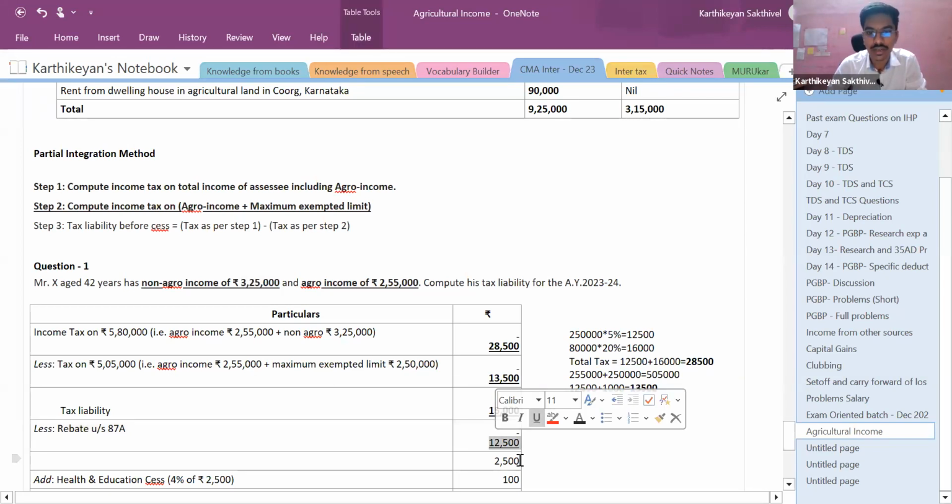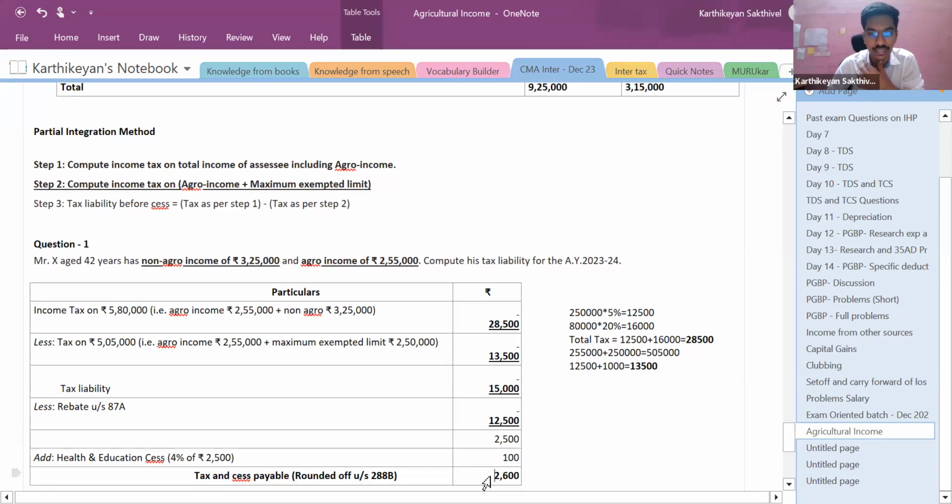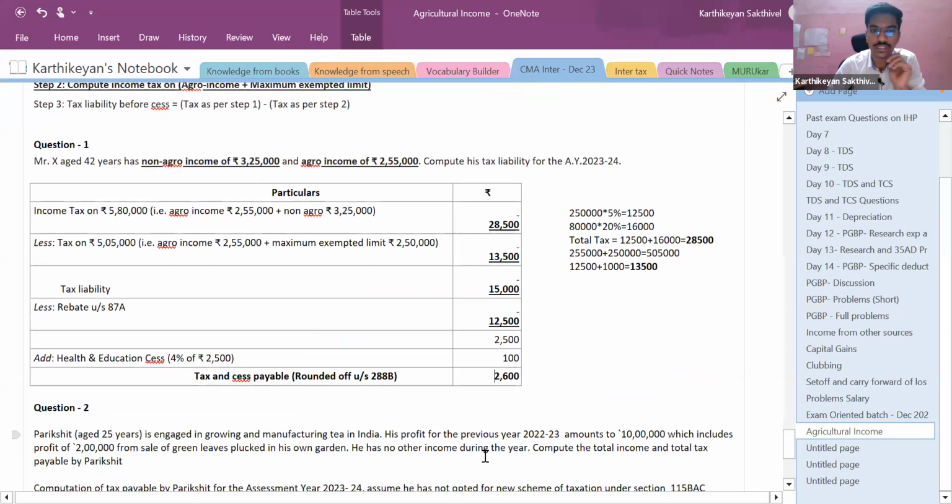The rebate is either the tax payable or 12,500, whichever is lower, so 12,500, and I claim it as a reduction. So my tax payable is 2,500 and my total tax payable is 2,600. Without partial integration, he would not have paid a penny of tax.